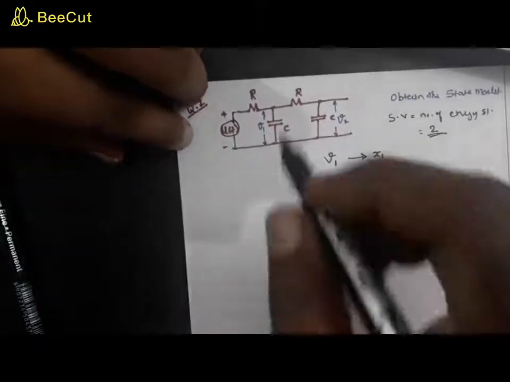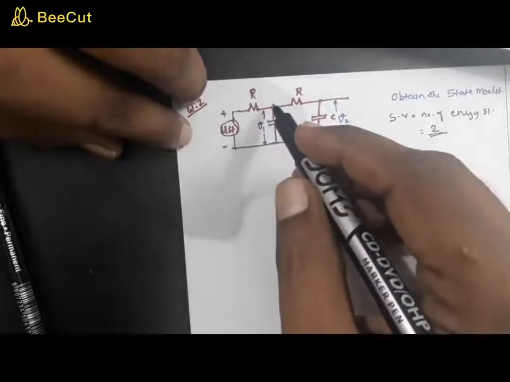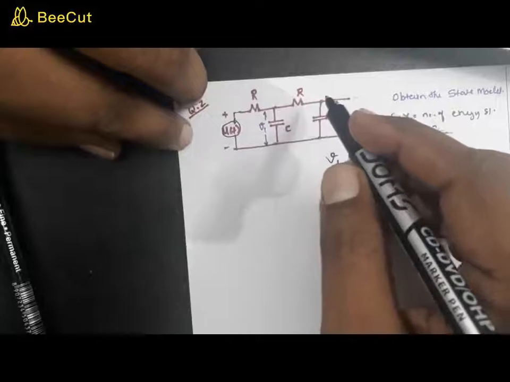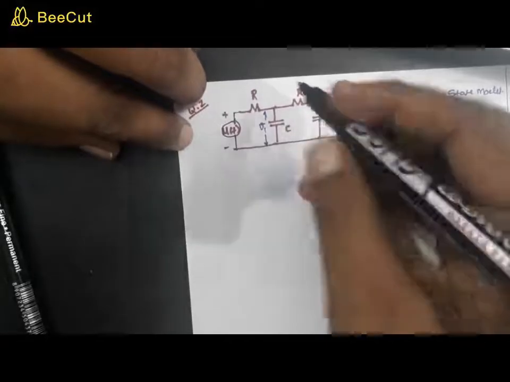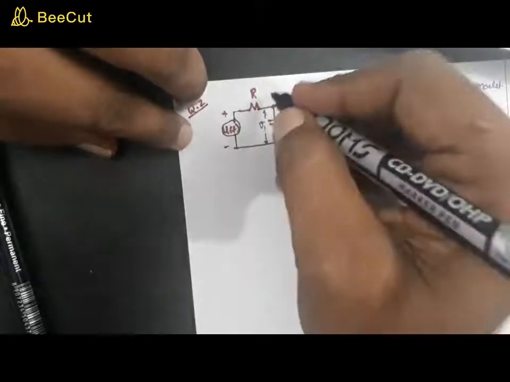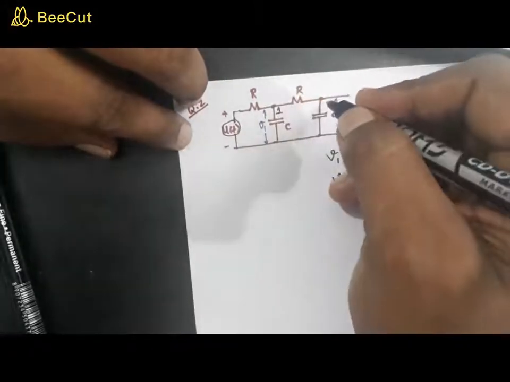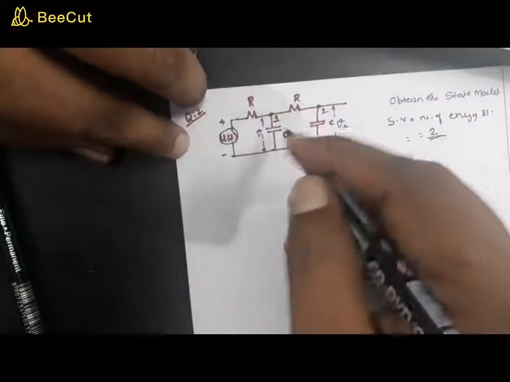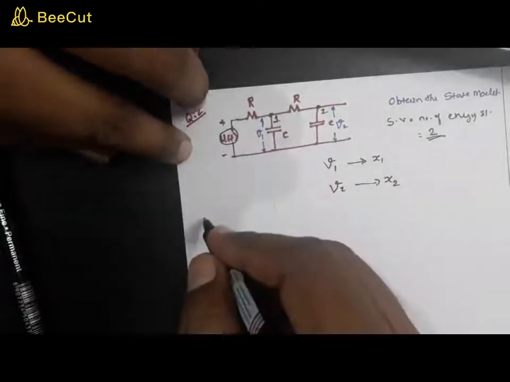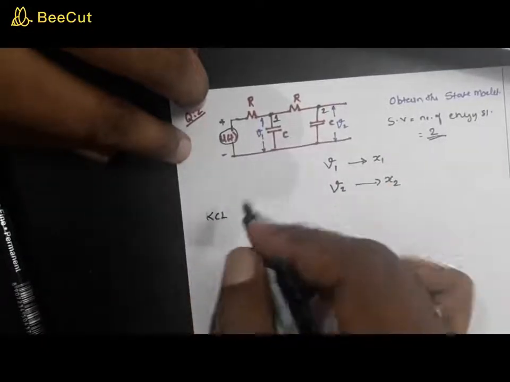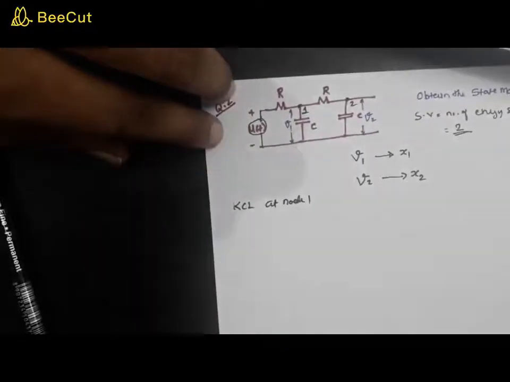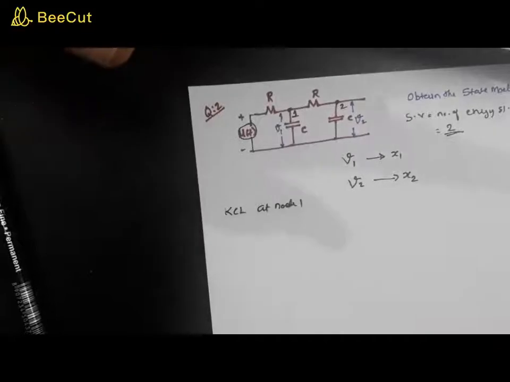Now the next question is how to get the equations. We want V1 and V2. From this figure you can see that you have two nodes, so call this node 1 and this node 2. If I perform a node analysis on these two, you will get two different equations. So we apply KCL at node 1. Why KCL?